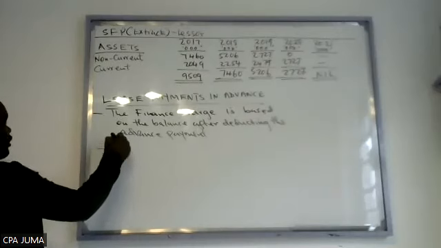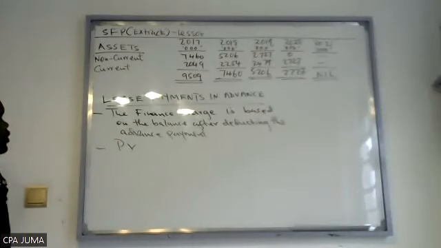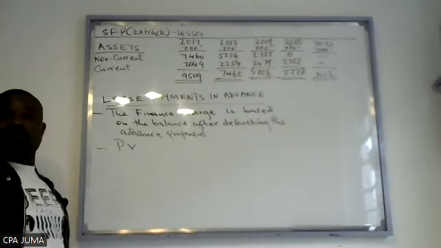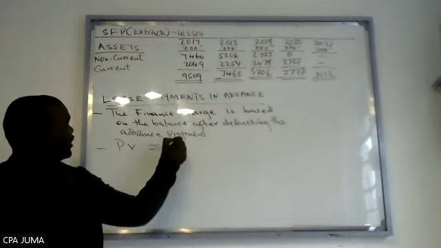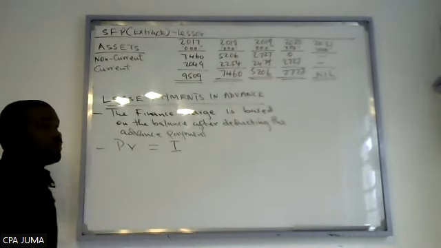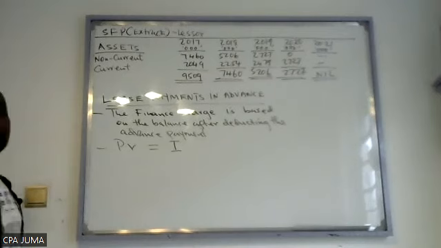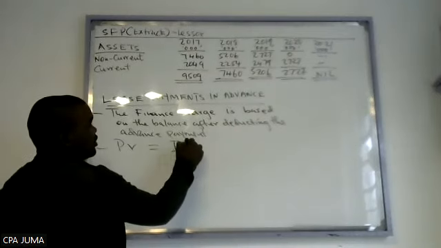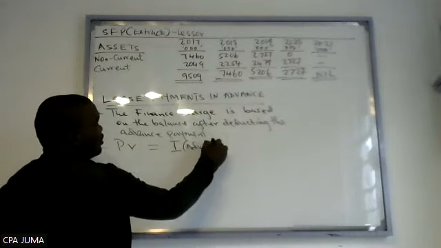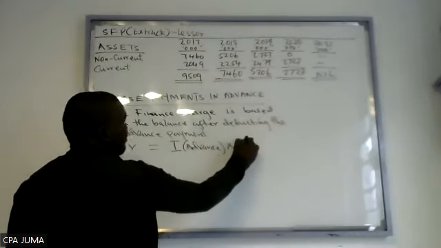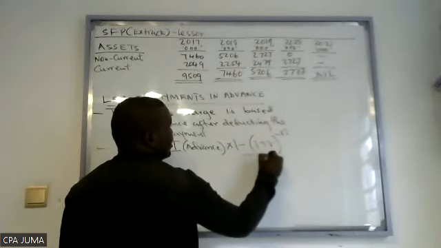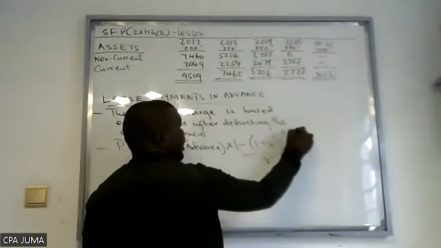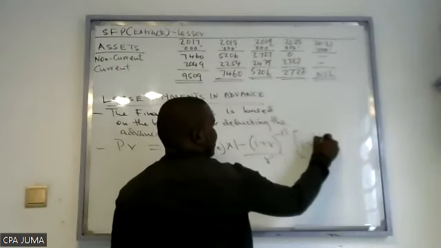Two, the present value is equal to the installment, here the advance amount, times 1 minus 1 plus r raised to the power negative n, divided by r, times 1 plus r.